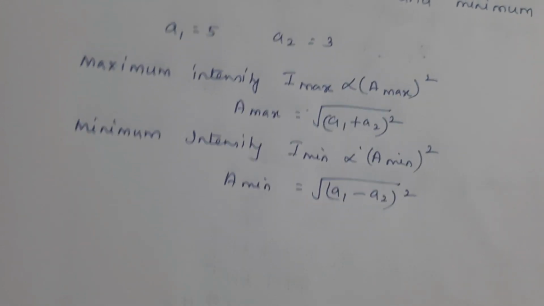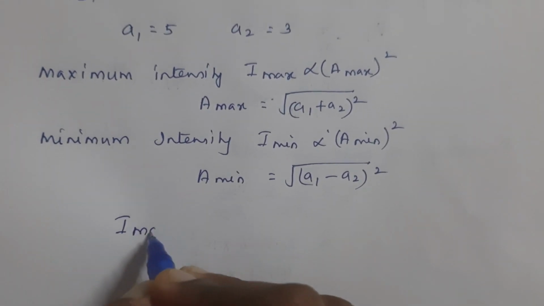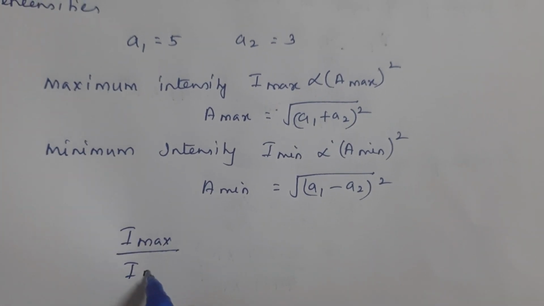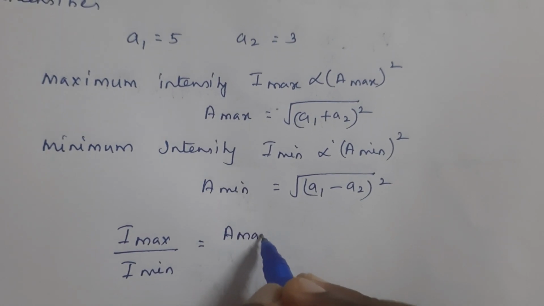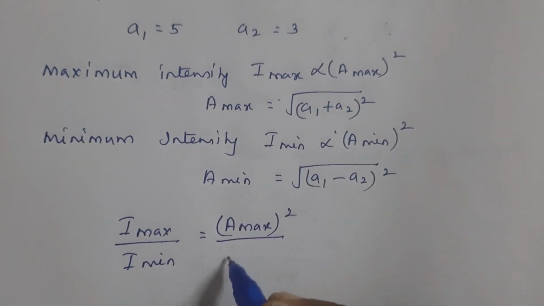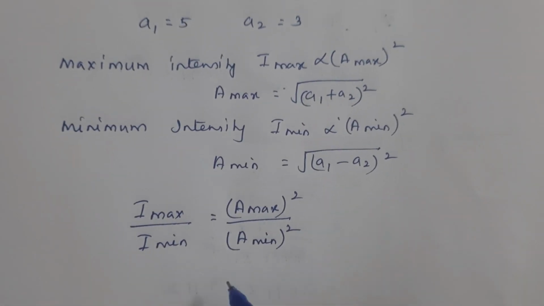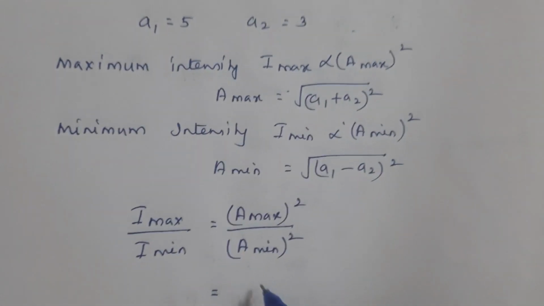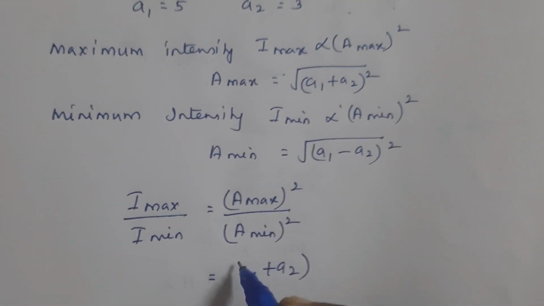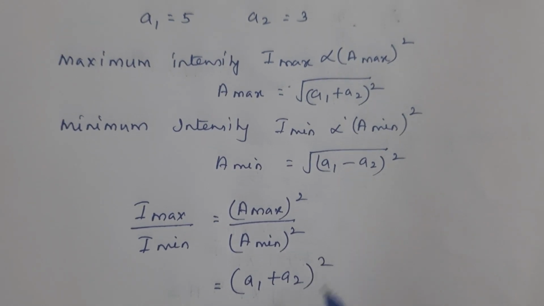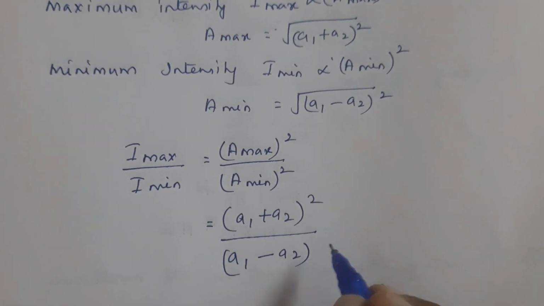Now what is asked here is the ratio of maximum intensity and minimum intensity. So I maximum by I minimum is equal to A maximum the whole square divided by A minimum the whole square. Okay. So which can be written as A1 plus A2 the whole square divided by A1 minus A2 the whole square.